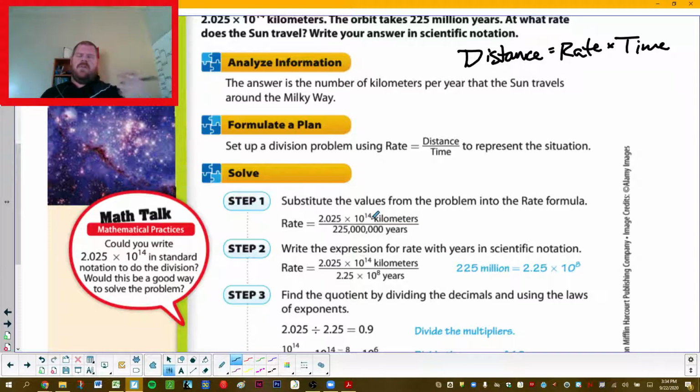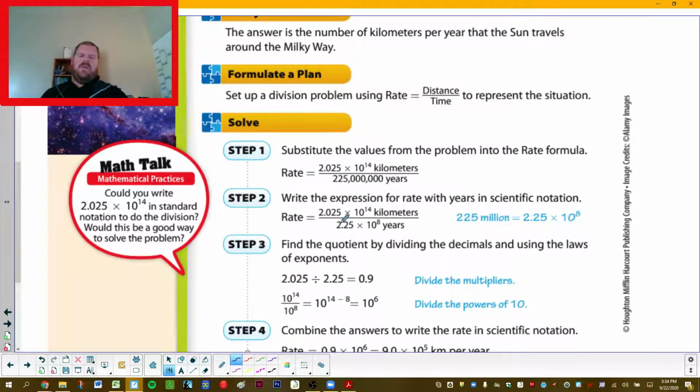That's how far the sun travels. And then my 225 million years, they write into scientific notation as 2.25 times 10 to the 8th. And now they're going to do the operations using scientific notation and the properties of exponents.